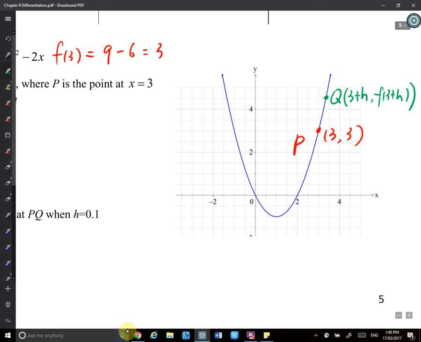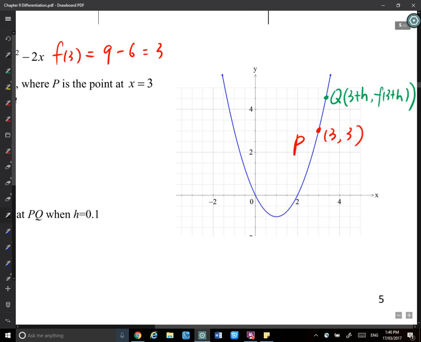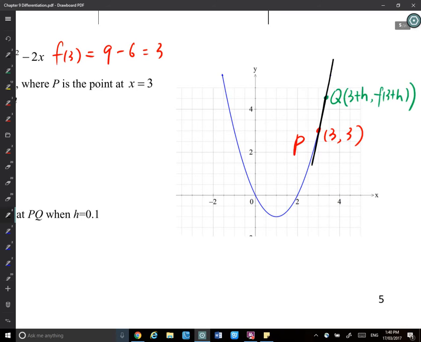And what is the gradient between P and Q? Basically, you draw a straight line and you find the gradient for that line. How do you find the gradient for a straight line? It's y2 minus y1 over x2 minus x1.